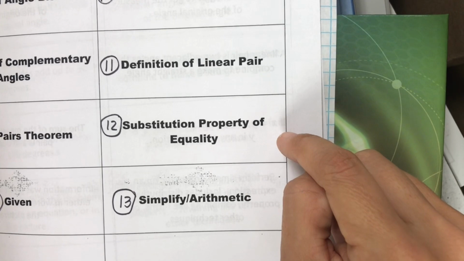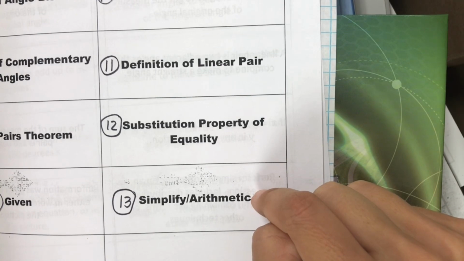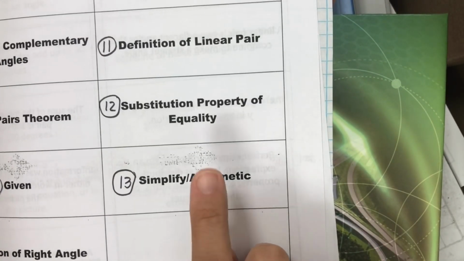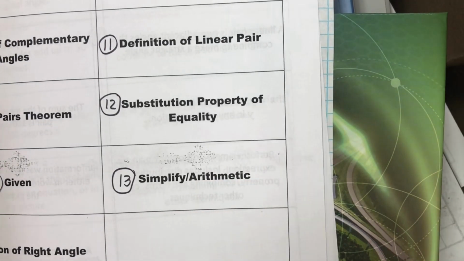Substitution property of equality. And simplify slash arithmetic. I should have pronounced this arithmetic, but it's also pronounced arithmetic. But anyway, okay, we got that.